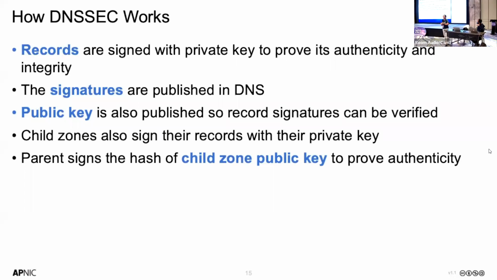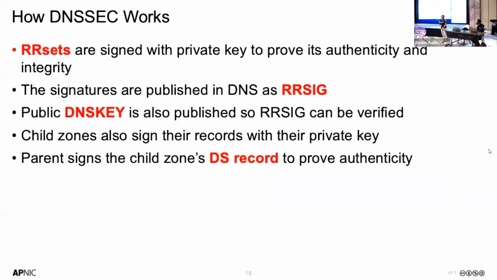Do we have a place to put those signatures, those public keys? Just with DNS, probably not, but actually it has been extended to have new resource records that can hold that information.